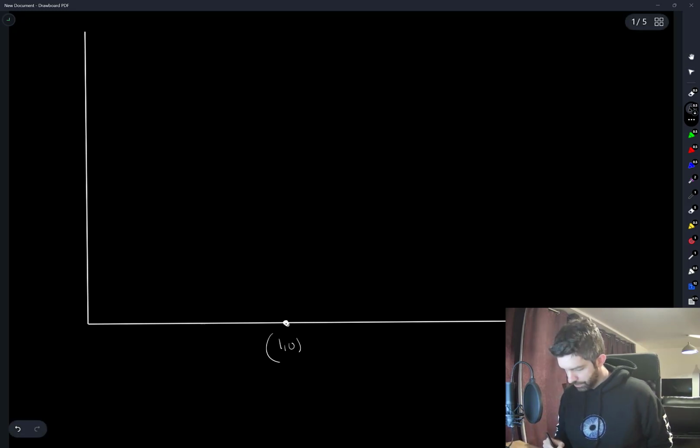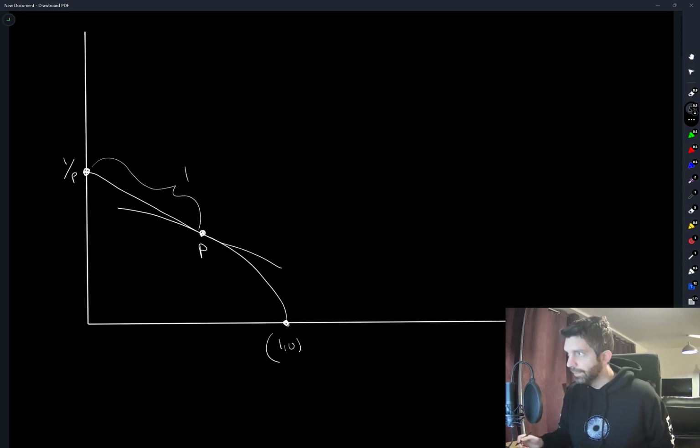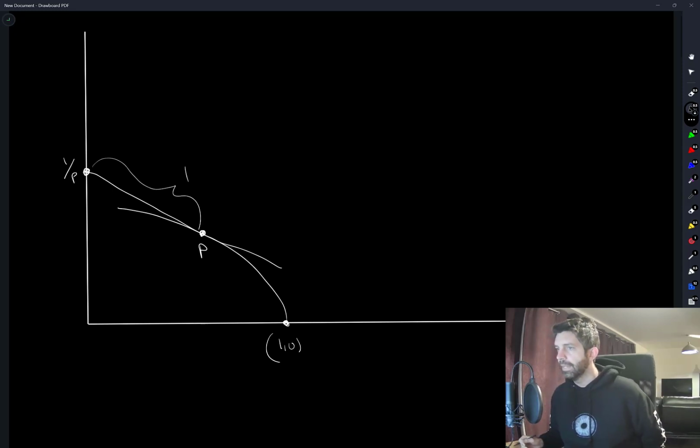So if we have a curve in some arbitrary way, we take a point P, we take the tangent line to that curve, it intersects the y-axis at yp, and we're told that this length is equal to 1 for every point on gamma.